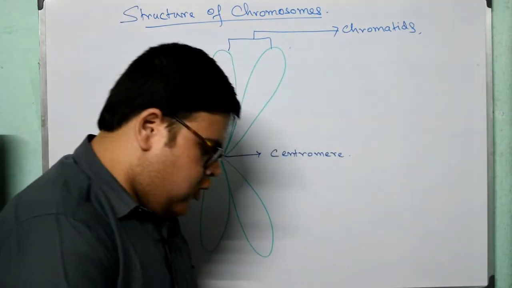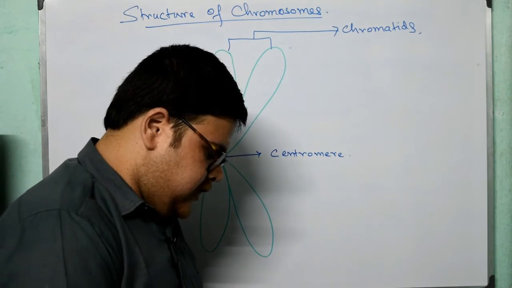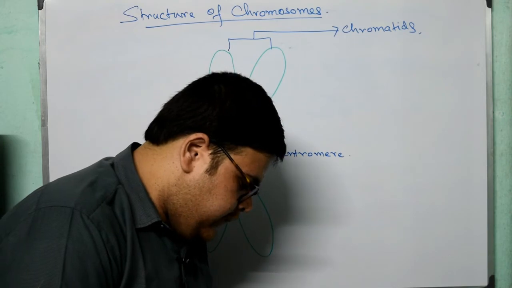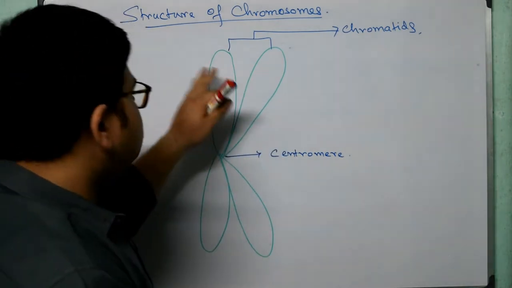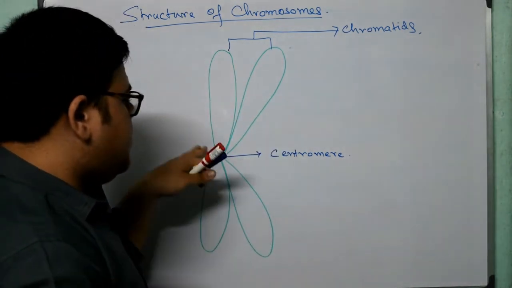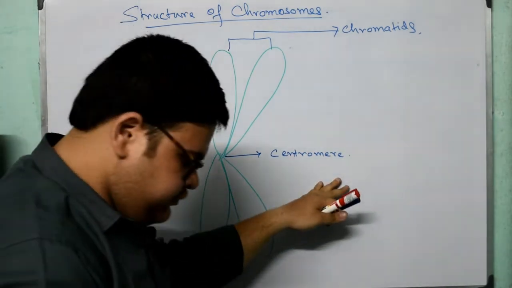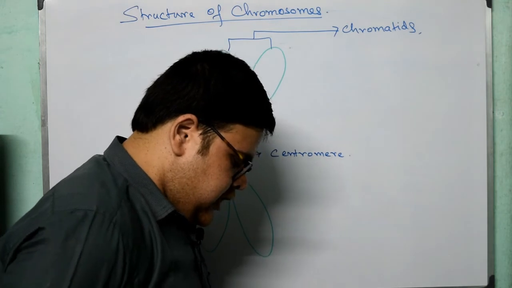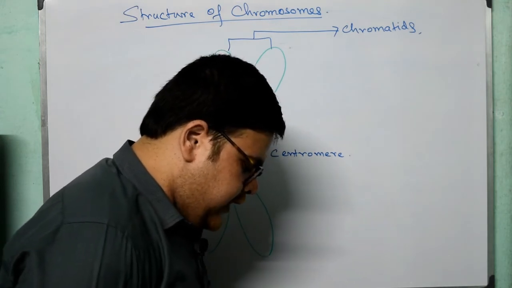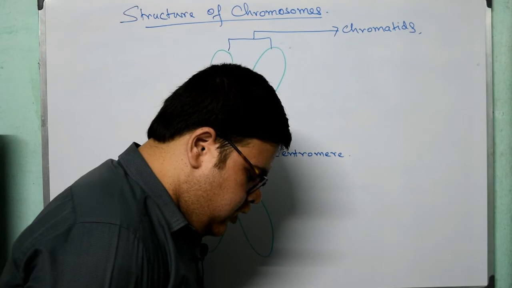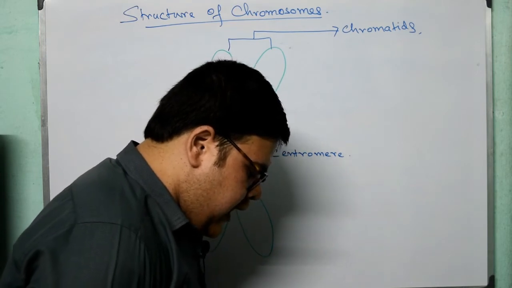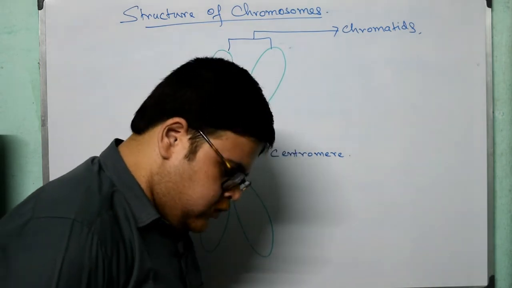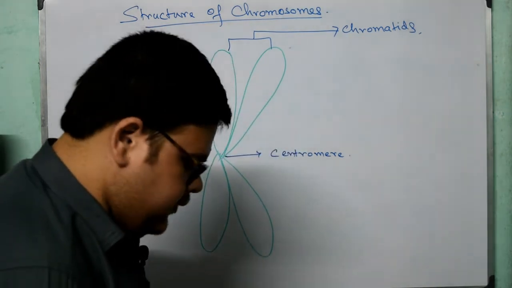Each chromosome consists of two sister chromatids joined at some point, and this is known as the centromere. It appears as a small constricted region. Each chromosome's centromere is located at a particular site. The centromere also serves to attach the spindle fibers during cell division. We will come to it later, what spindle fibers are and how cell division occurs.